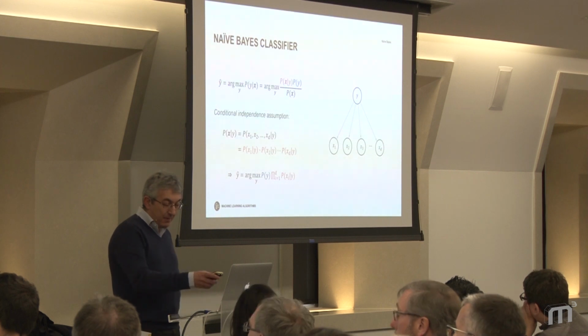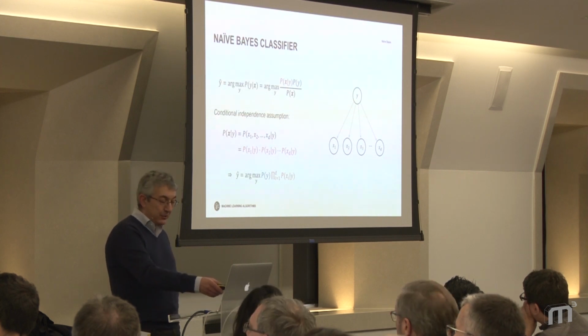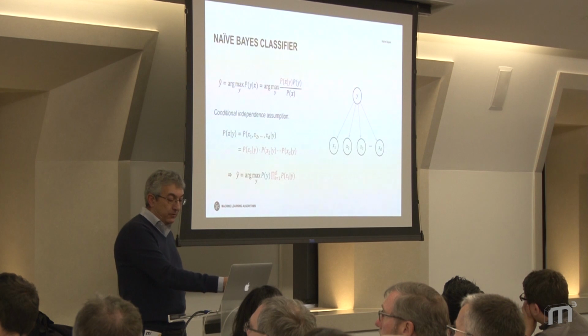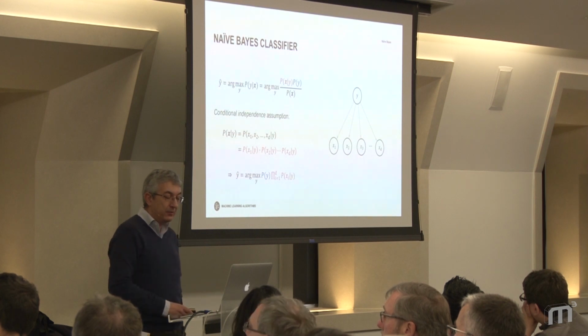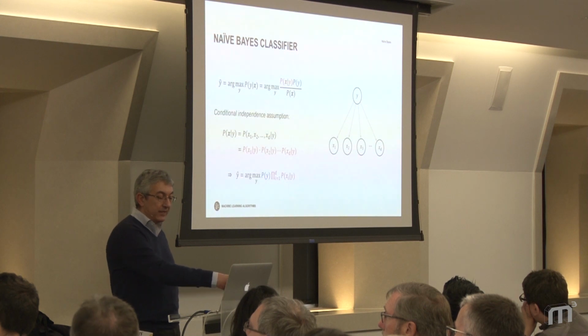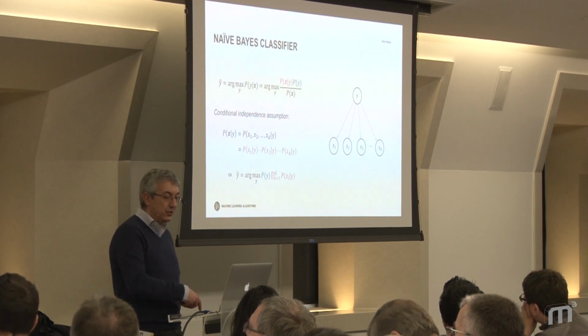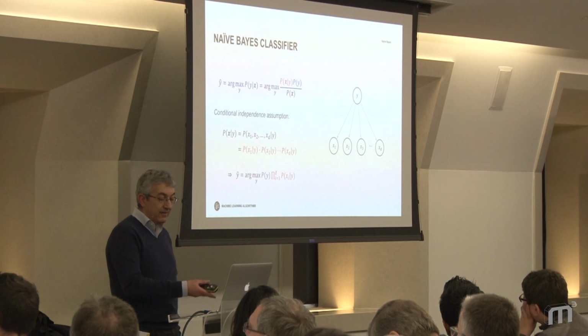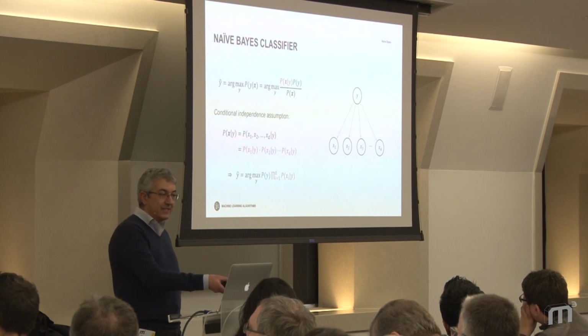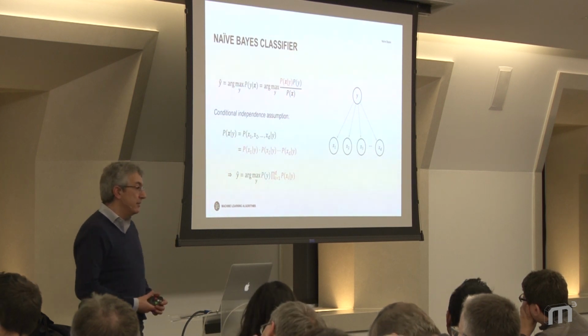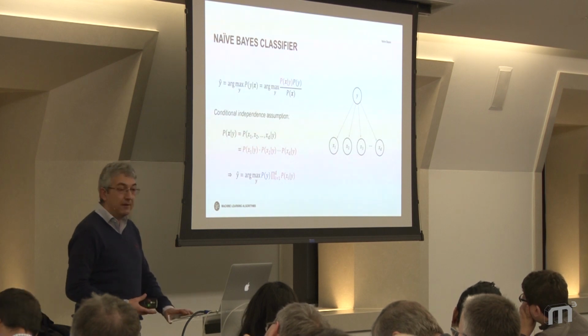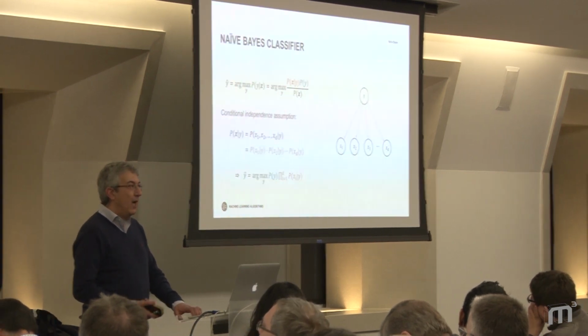However, making the conditional independence assumption, this joint probability of the input variables conditioned on the class can be made into the product of the individual probability of each input variable given the class. And of course, in this case, the number of parameters needed for the model is only linear in the number of input dimensions.